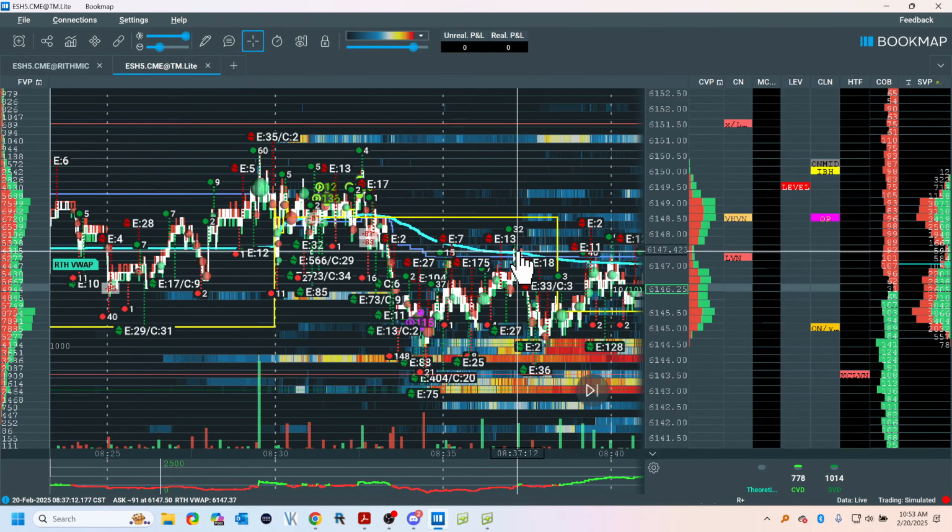How about this? Does it mean if we don't continue and we come back to where the sellers took control and the buyers were here and they got thrown under the Mercedes, then what is this? Isn't this resistance?